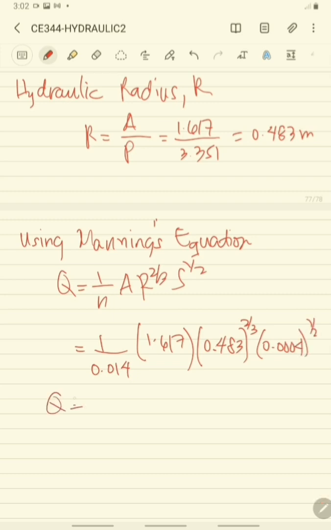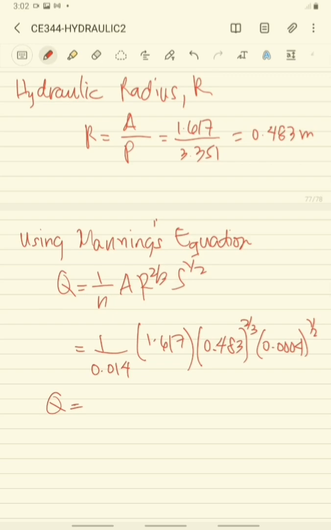So we compute 1 divided by 0.014 times 1.617 times 0.483 raised to 2/3, times 0.0004 raised to 1/2.